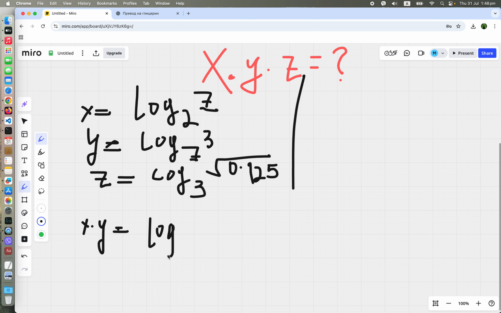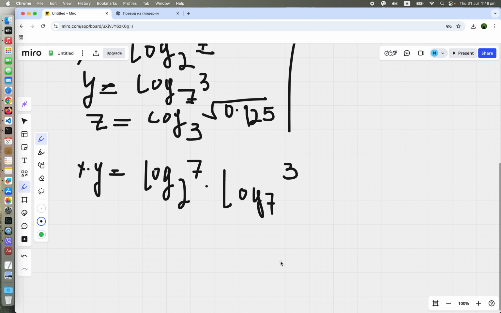So I'm gonna multiply x and y, because we have the same numbers there. Now we got logarithm base 2 of 7 times logarithm base 7 of 3. You can see these are in zigzag, because there is 7 and there's 7, but one is on the top, the other is on the bottom.